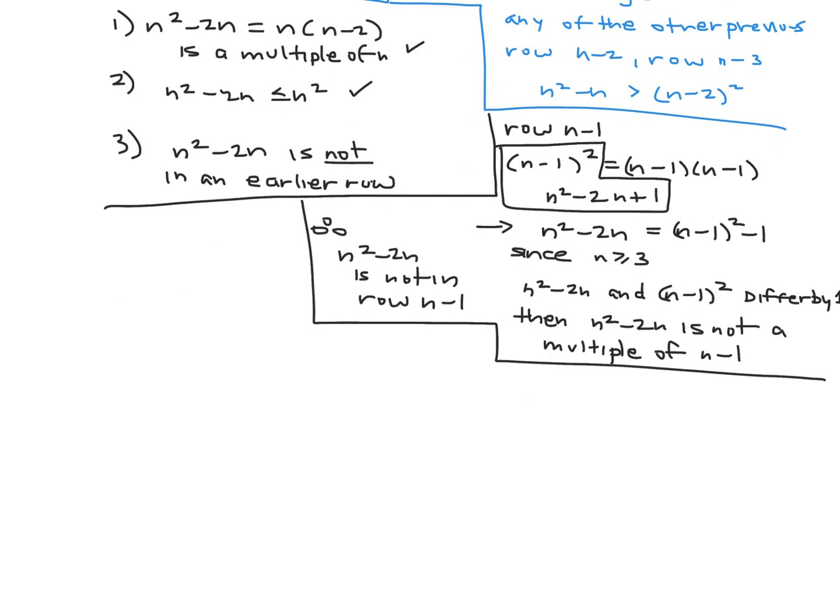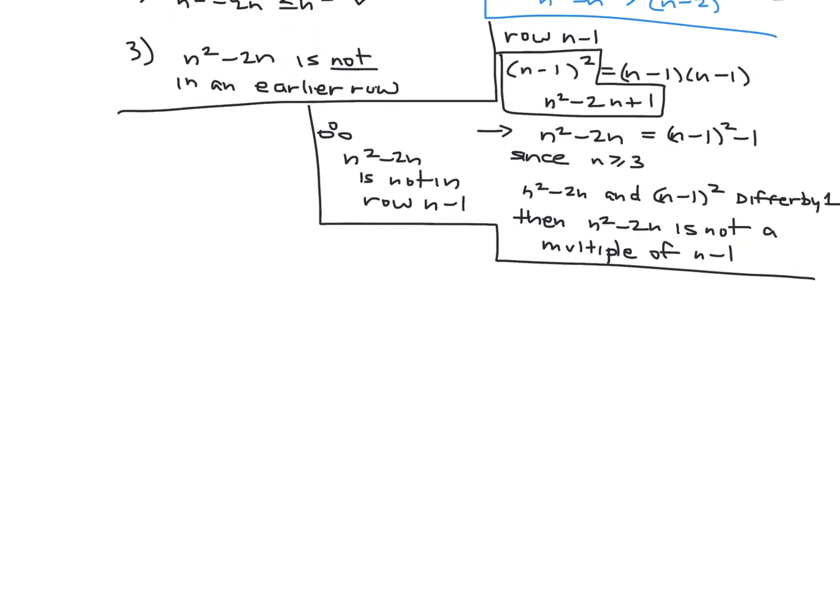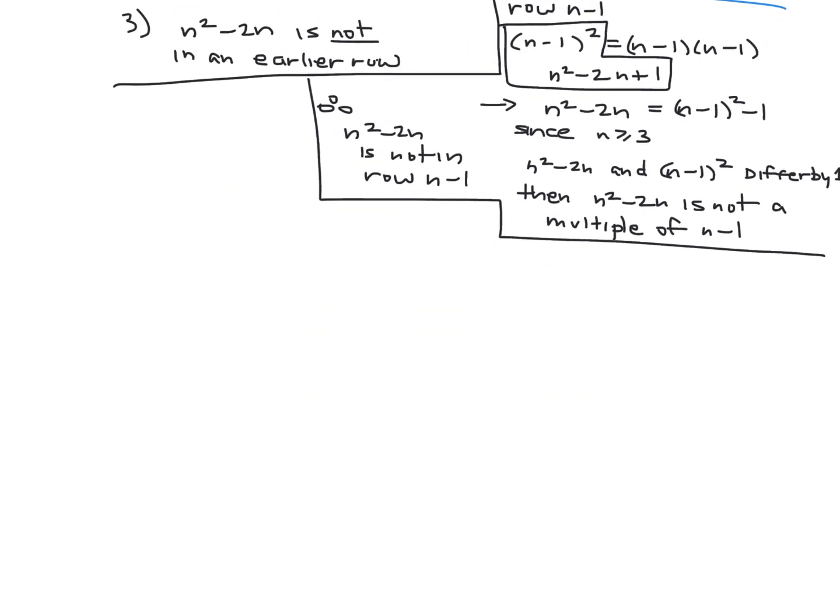So let's see what happens if I do it generally, what I did up here, very similar. Hopefully that will help for other rows. So we have this n squared minus 2n, and that is n times n minus 2. So that is going to be greater than n minus 2 times n minus 2, right?